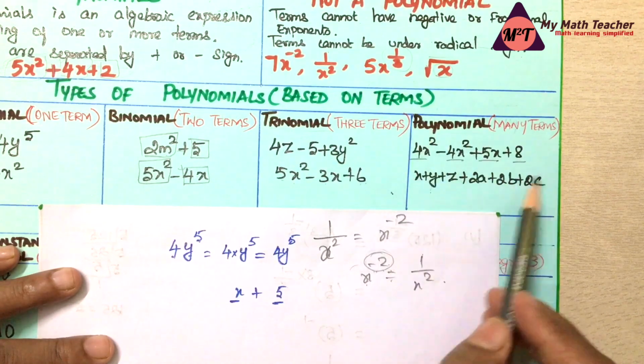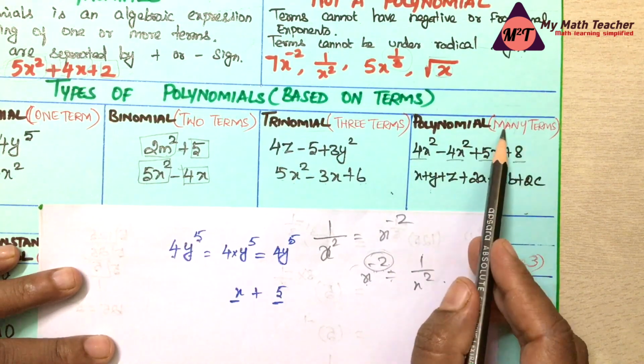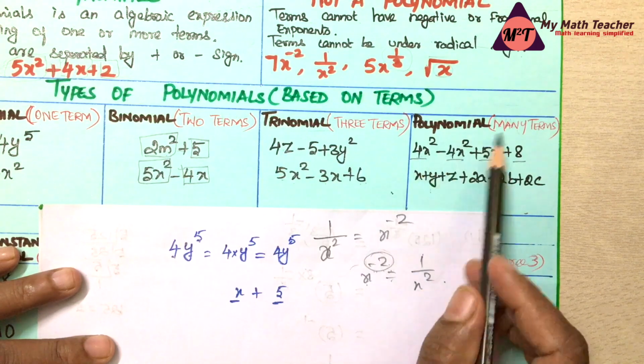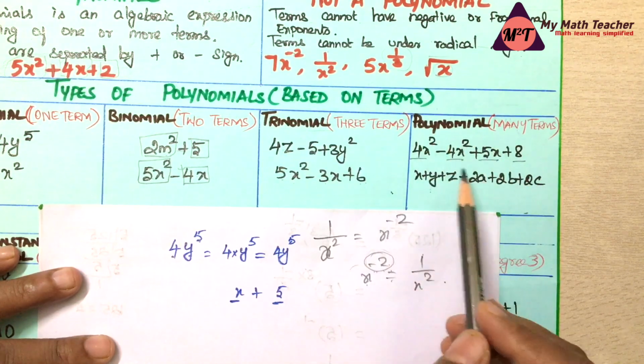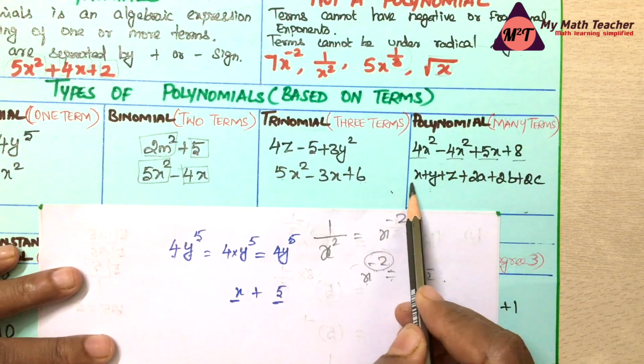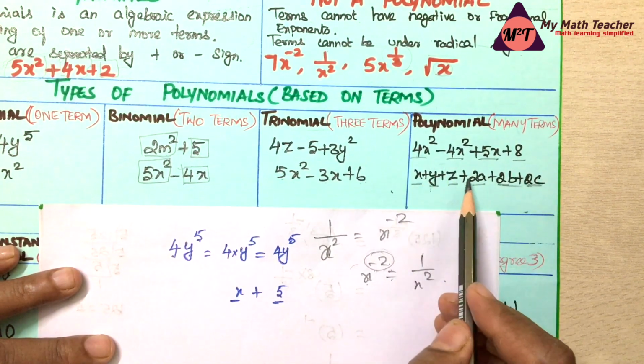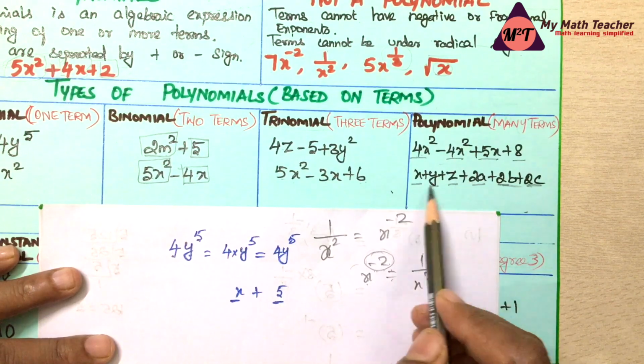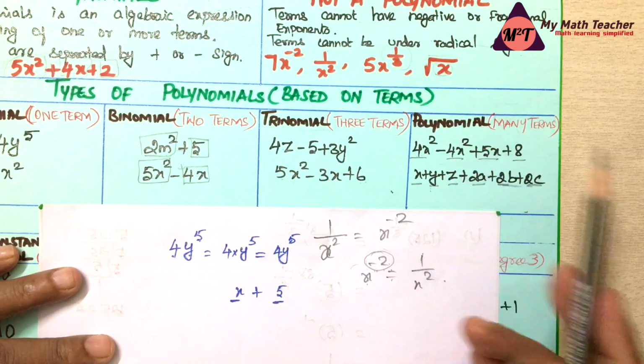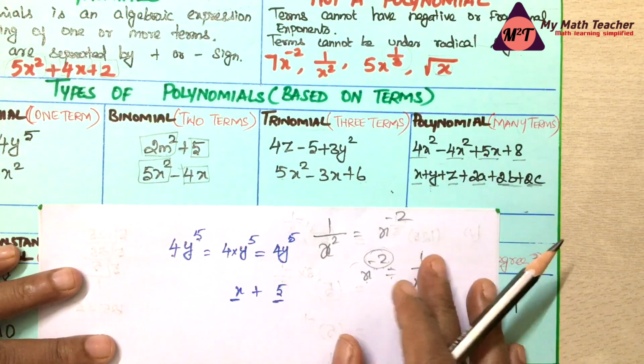We have 4 terms, more than 3, so it is a polynomial. The same way, 1, 2, 3, 4, 5, 6, all connected with the plus symbol. That is 6 terms, which means many terms, so it is also referred to as a polynomial.